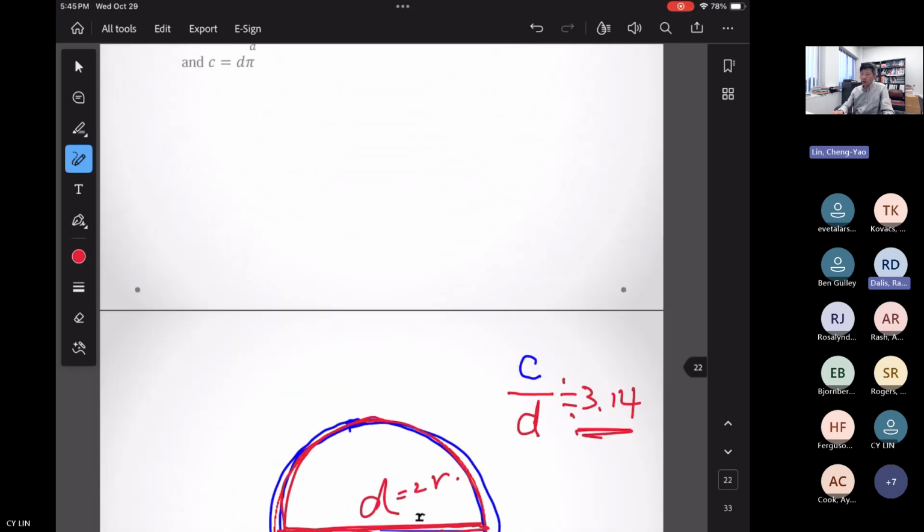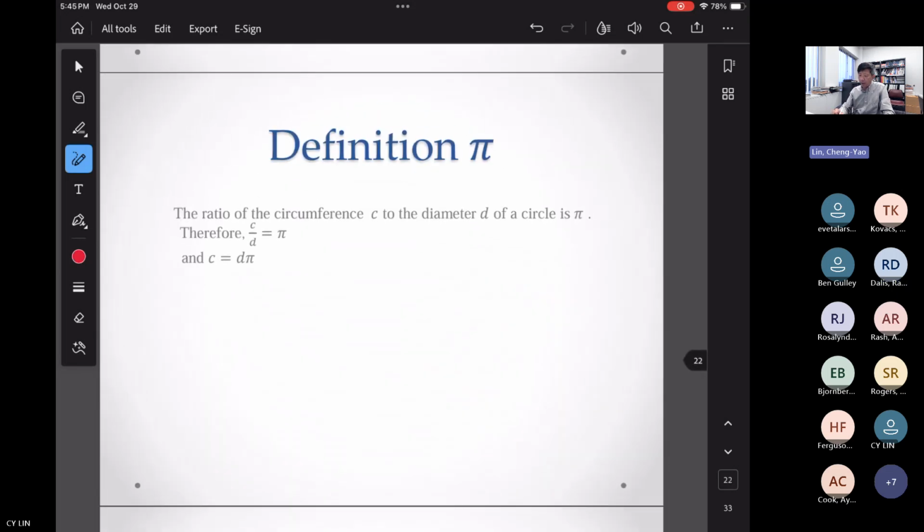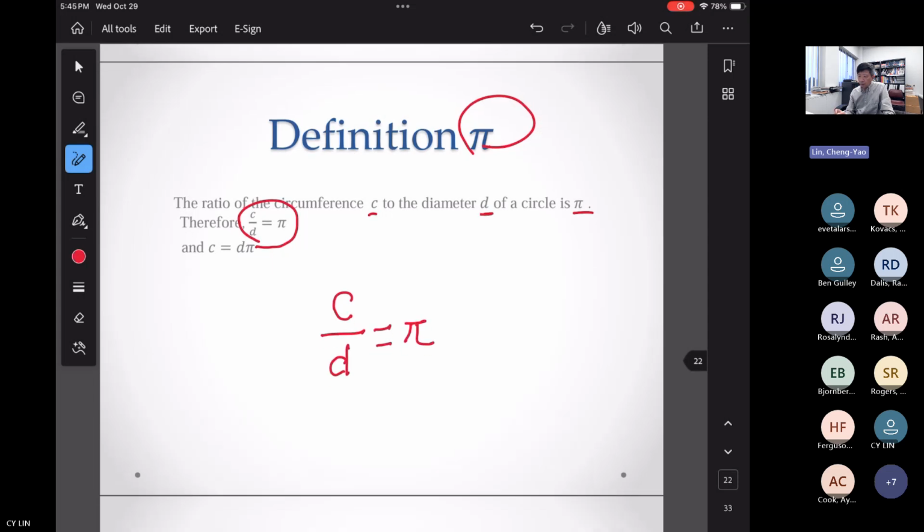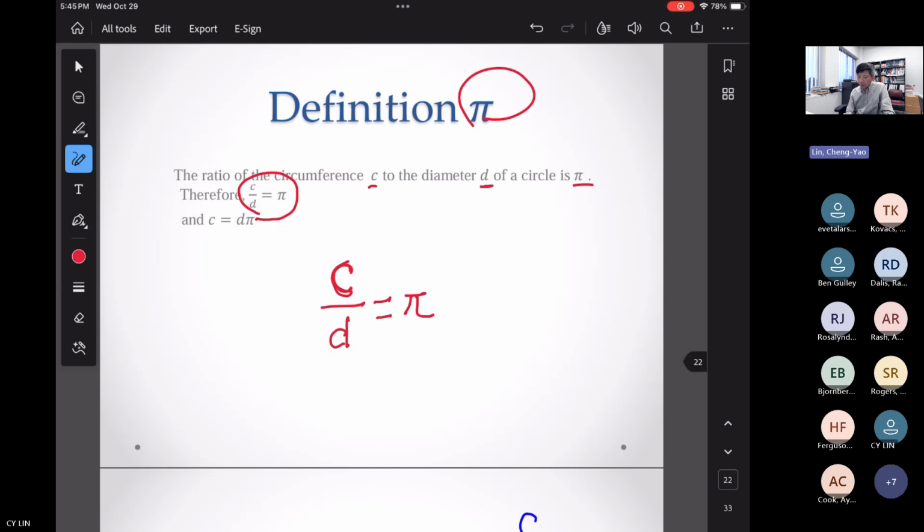So this is how we find pi. The ratio of the circumference to the diameter D is pi. So circumference divided by diameter is equal to pi. Now, if I would like to find the circumference, I can use this too, right? So therefore, how does this happen?